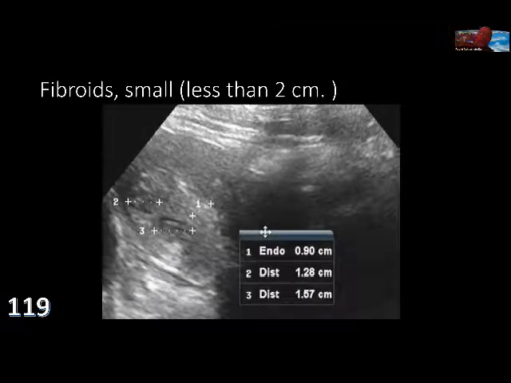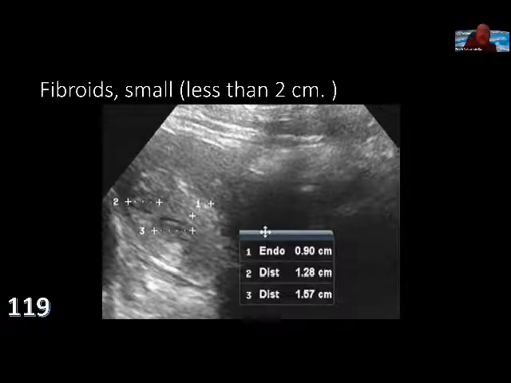So we can have fibroids of all kinds. Big, medium size, 2 to 4 centimeters, and big, more than 4, small, less than 2 centimeters. Fibroids usually don't hurt. There's a professor in Canada, Dr. Ed Lyons.